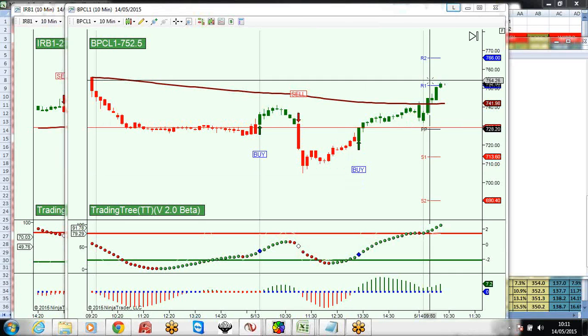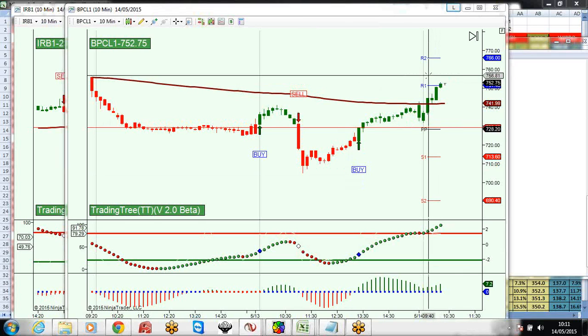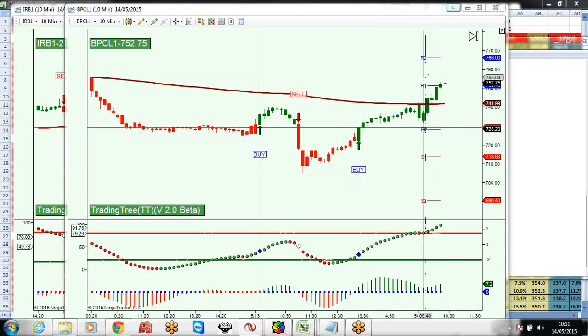BPCL has done its first target. So your next target is 755.60 or 755.80.